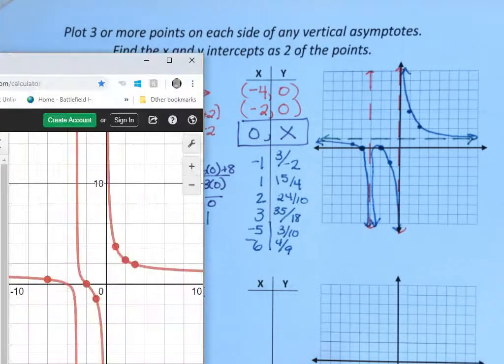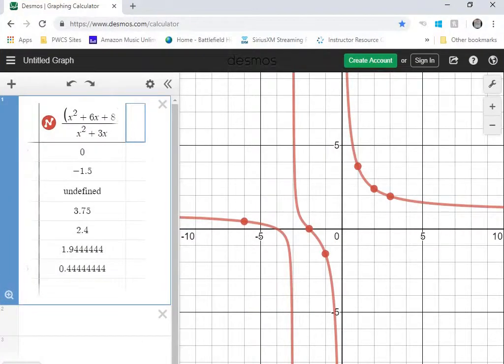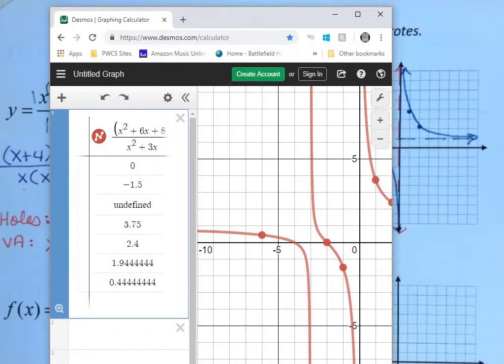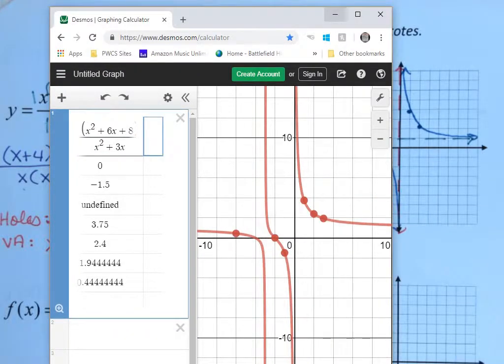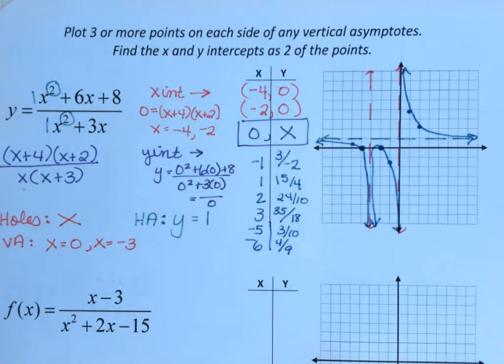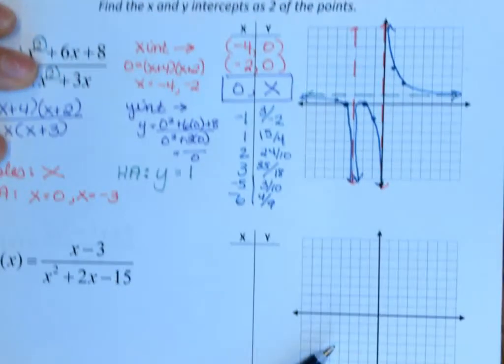And what's really nice, that's what it should have been. Does that match okay? And these were the points that you should have used. All right? By the way, if you find yourself at home without a graphing calculator, desmos.com. Okay? All right, let's do another one.